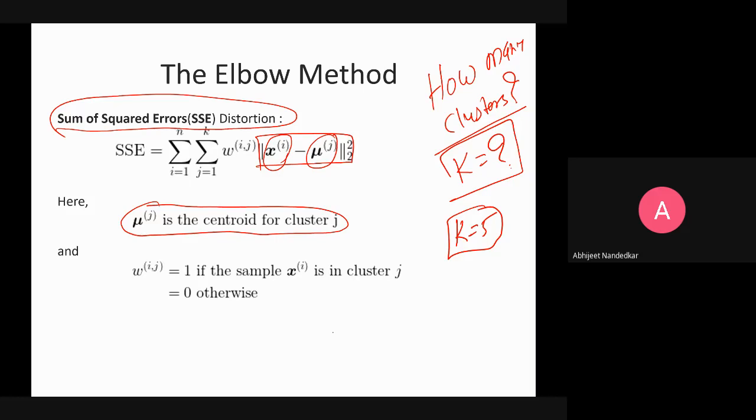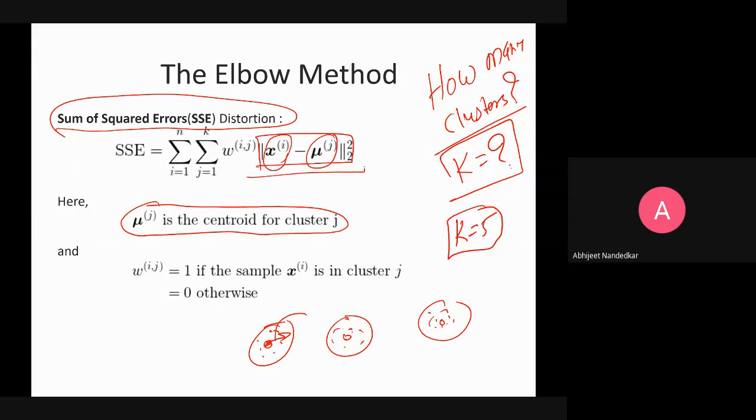Say this is cluster 1, this is cluster 2, this is cluster 3. Then I have some samples here, some samples here, and some samples here. These are the centroids. From the centroid to each data point, I calculate the distance square.